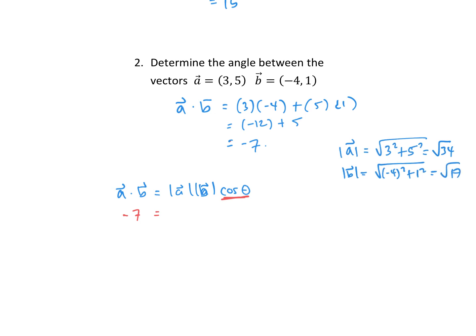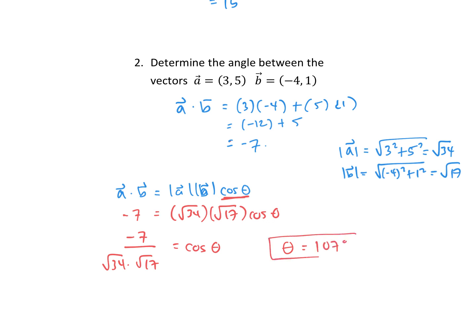So we can put these in here: root 34 and root 17, and we want the angle between them. So if we want to isolate for cosine theta, we'll do negative 7 divided by root 34 times root 17, and then we'll do the inverse. Once we do that calculation, we'll do the inverse of cosine, and it works out to be 107.